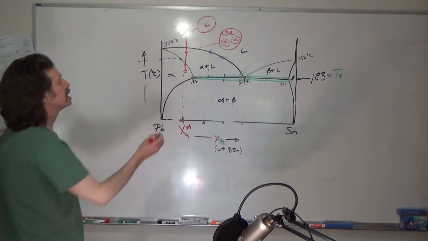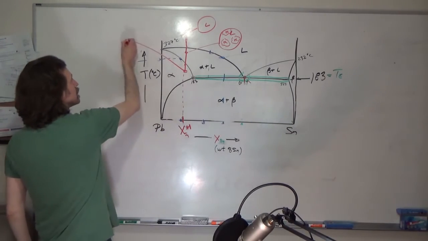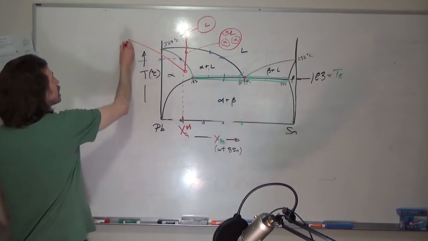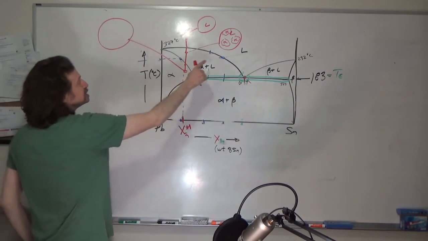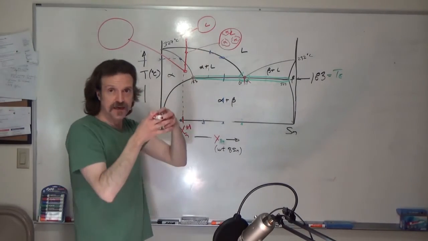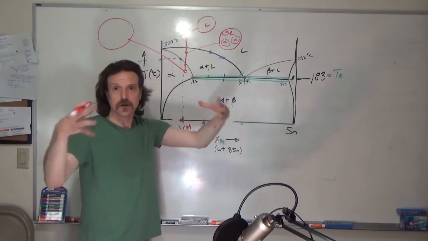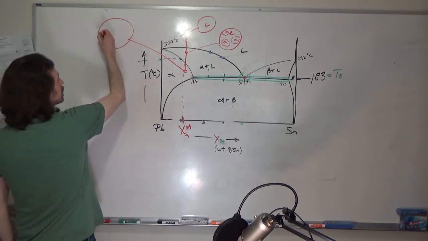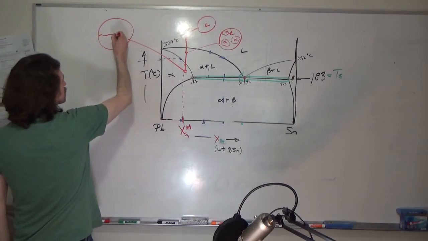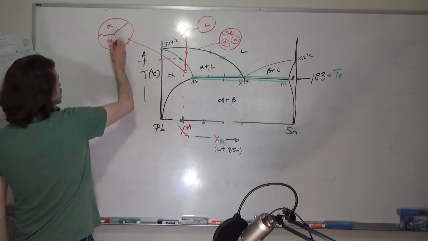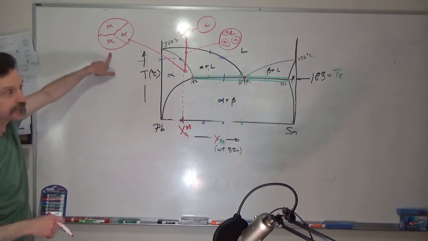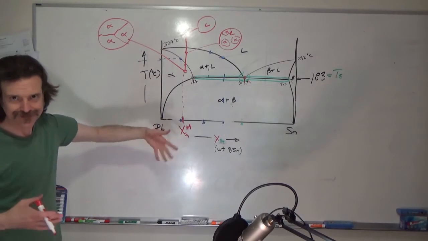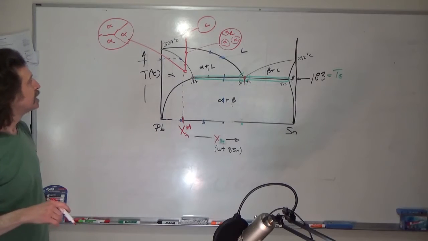And what happens there is all the liquid disappears when you cross the solidus, which means that these precipitates, they grow until all the liquid is consumed, and you're left with 100% alpha, and you can determine the composition of the alpha. It's the composition of the system.